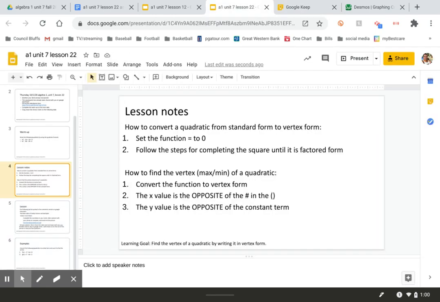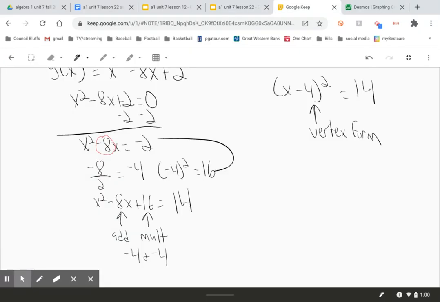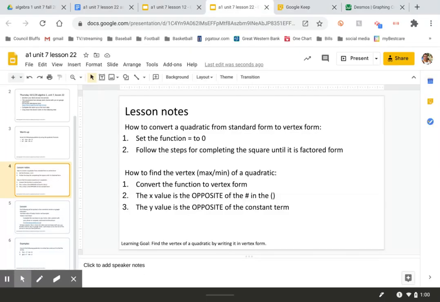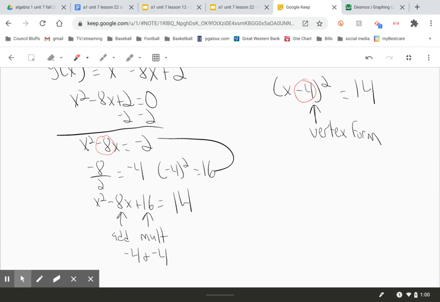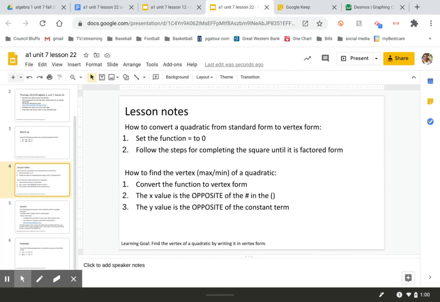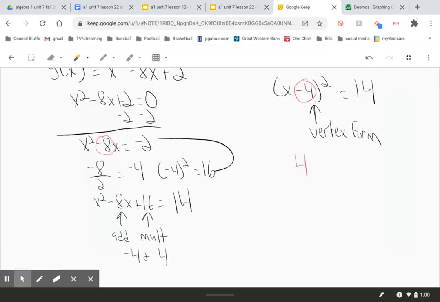To find the vertex, convert the function to vertex form. We already did that. The x value is the opposite of the number in the parentheses. So in this case, the number that's in the parentheses is -4. The opposite of -4 is +4. The y value is the opposite of the constant term.